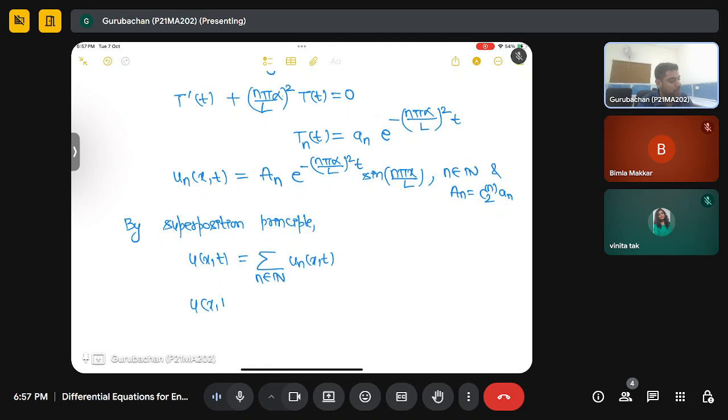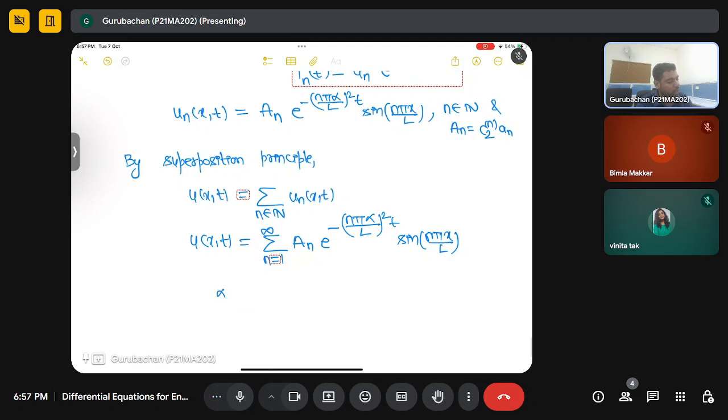So u of x, t is summation n equals 1 to infinity An e to the power minus (n pi alpha by L) square t sin n pi x by L. Now you may substitute alpha square as 1.15 and L as 80.